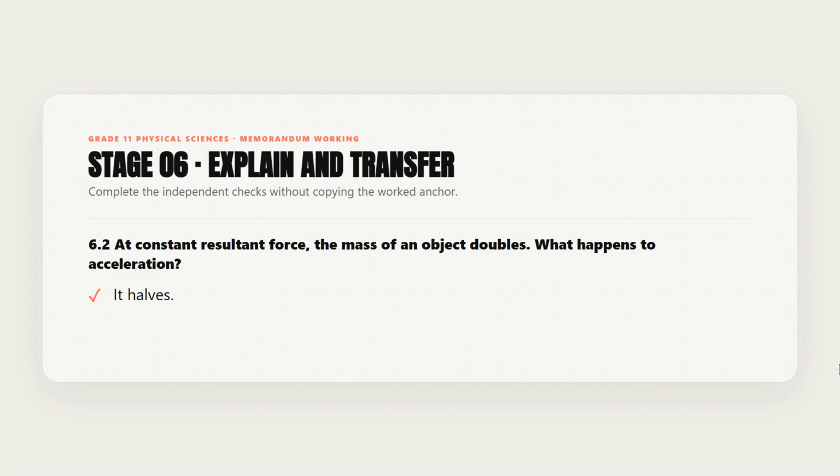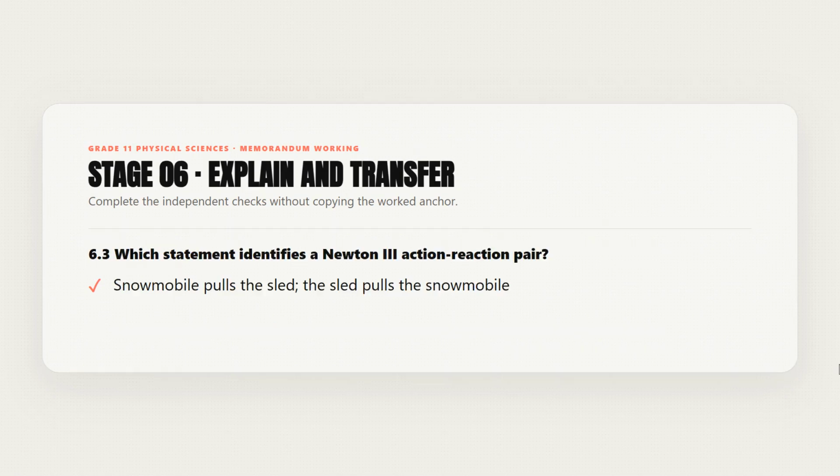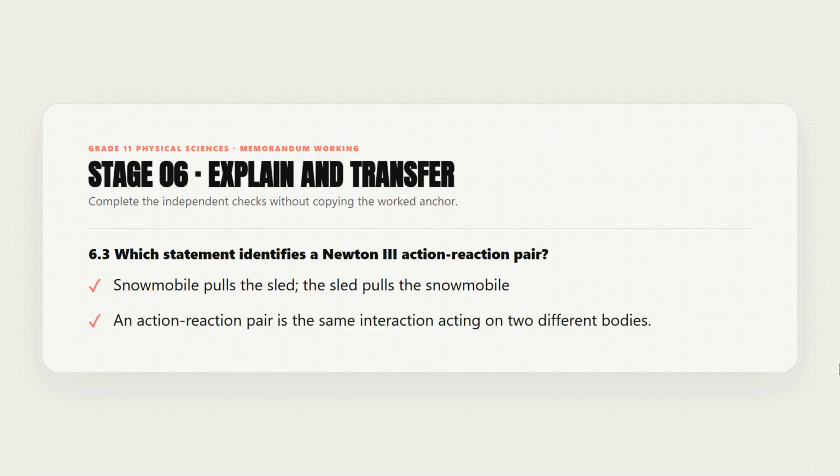Since acceleration is F net over m, doubling the mass halves the acceleration. Question 6.3. Which statement identifies a Newton 3 pair? An action-reaction pair is the same interaction acting on two different bodies. The correct answer is, the snowmobile pulls the sled, and the sled pulls the snowmobile.